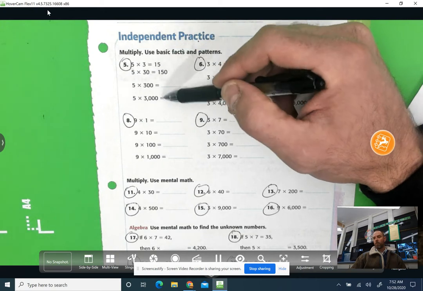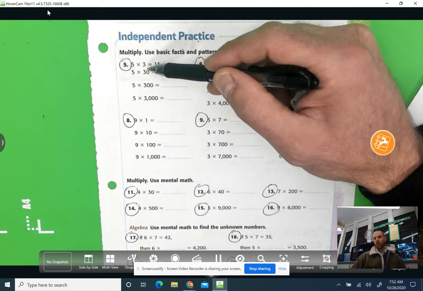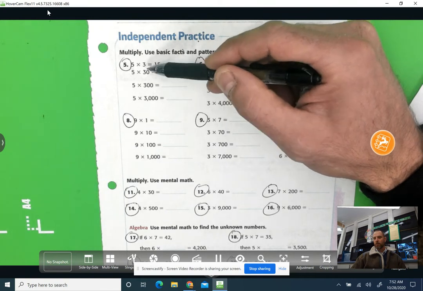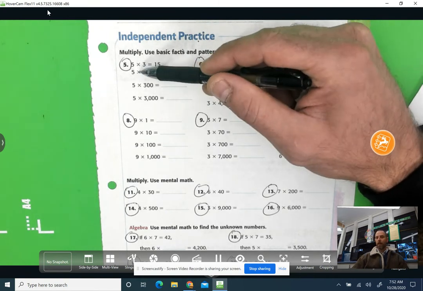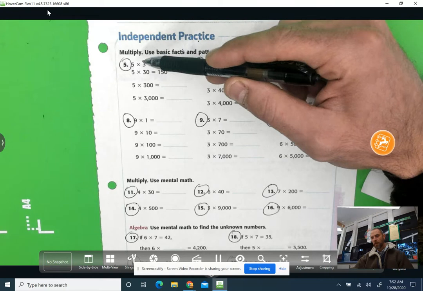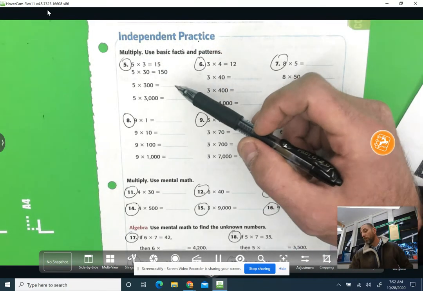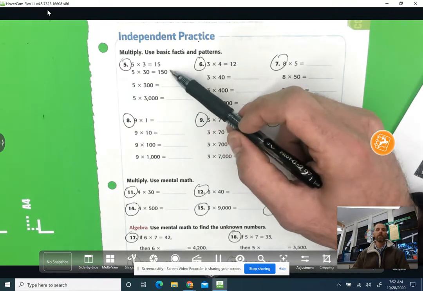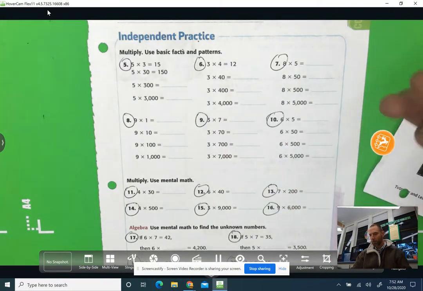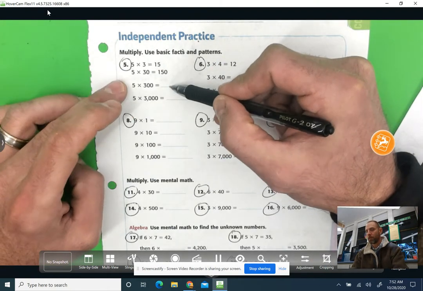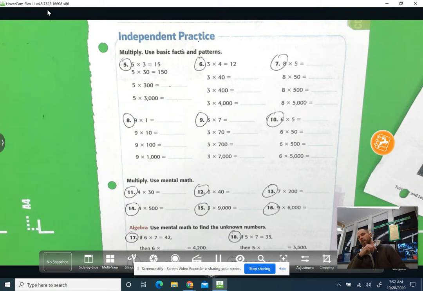Okay, the pattern is going to be visible to some of us, but as you see, the 0 increases by 1 as we work our way down the list. They said that 5 times 3 is 15. So then they said 5 times 30 is 150. So what's the pattern that we see in these two number sentences that's going to help us figure out what 5 times 300 and 5 times 3,000 is?